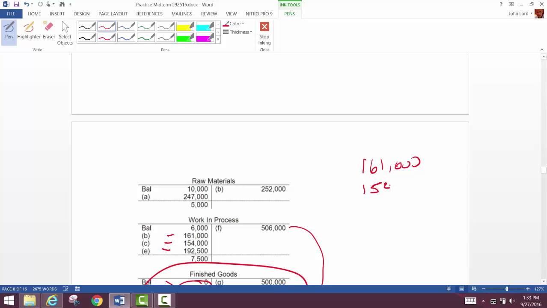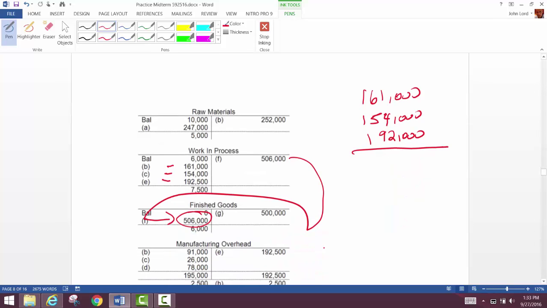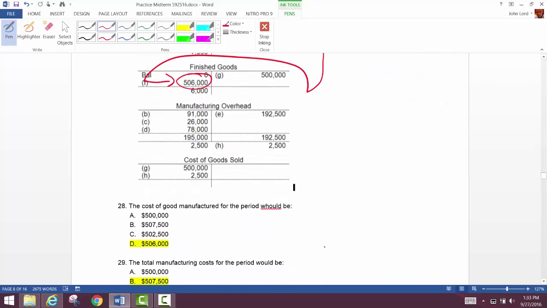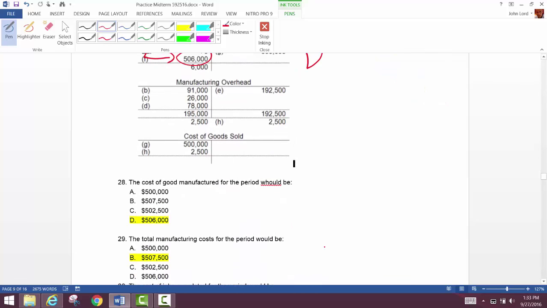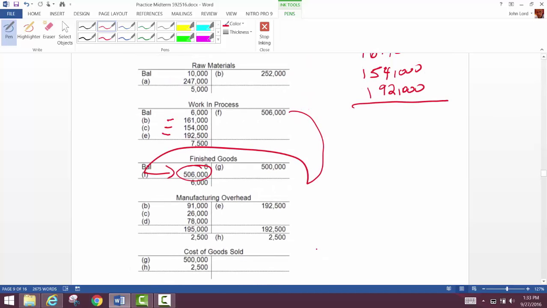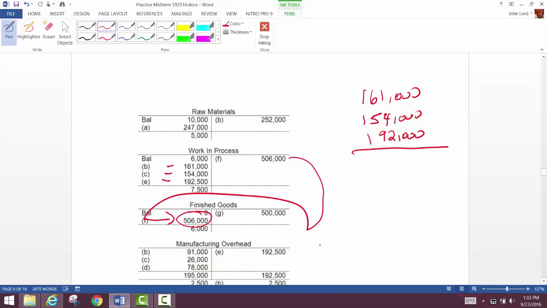I don't really care which one's which, because I just want the totals that were added for the period, don't I? And when I add those together, I should get 507,500. Why does it not look right? Oh, because it's supposed to be 192,500, right? So what's that? 507,500? Okay, good.